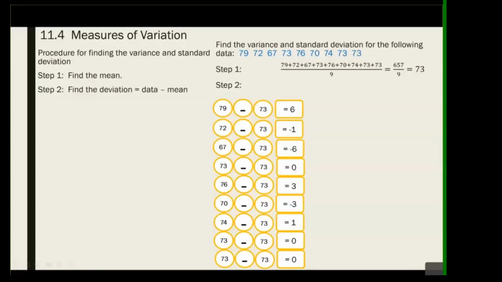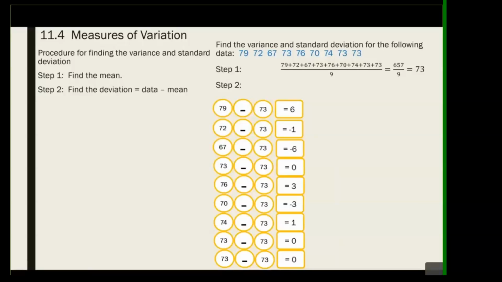If you have a negative deviation, you are below the mean, and if you have a positive deviation, you are above the mean. The mean is the middle of your data. You will always have some data below and some above, and they will each cancel each other out, as you will see later when we get to the easier problem.